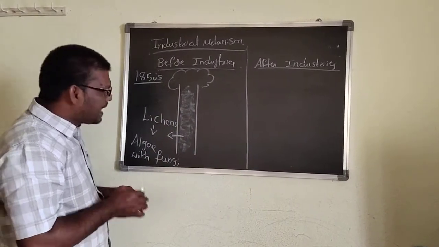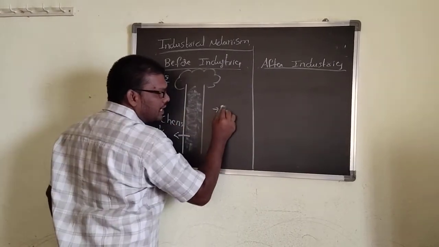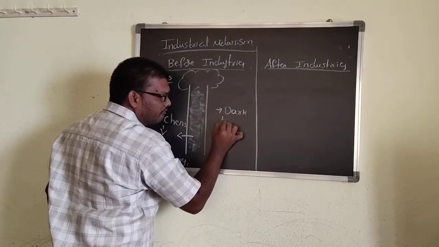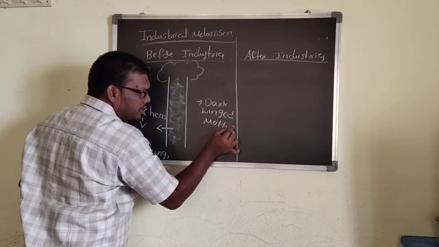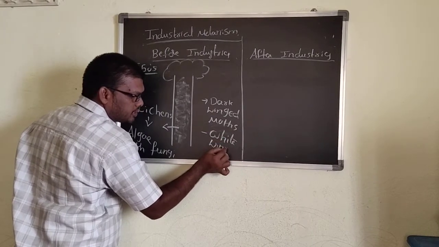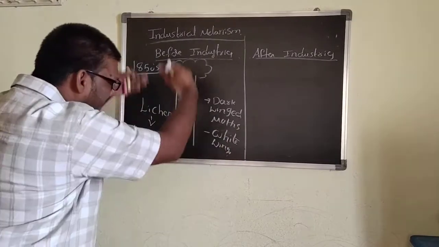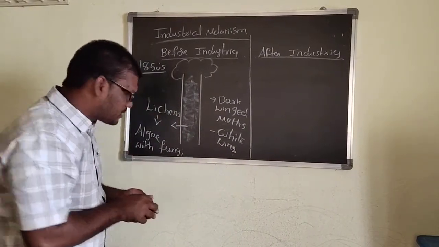Now I can take moths. One is the dark winged moth, another one is the white winged moth. Now if you see the background of the bark of the stem, what is the color? White color.